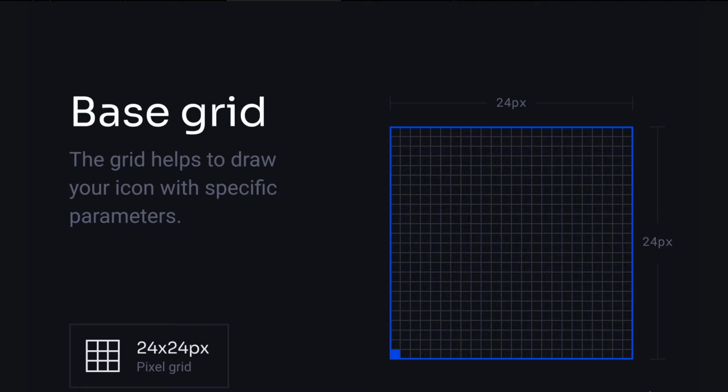Typically, all icons are created in a square sort of grid. And if you see here in this example, we are using a 24 by 24 grid, which is a really popular size for creating icons. And each smaller square that you see here is 1 by 1 size. So base grid is nothing but a template that helps us to lay our foundation for creating an icon in a specific size.